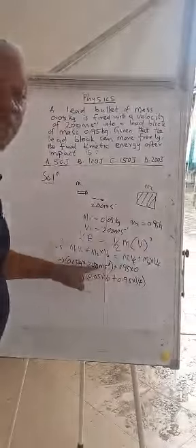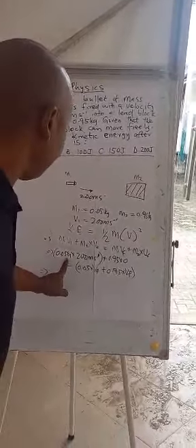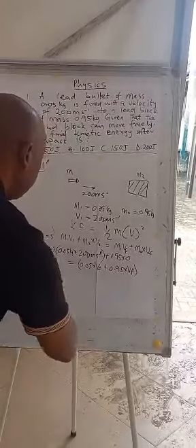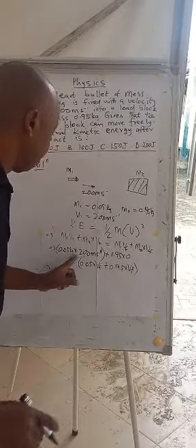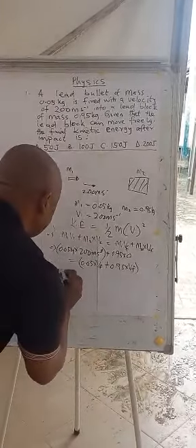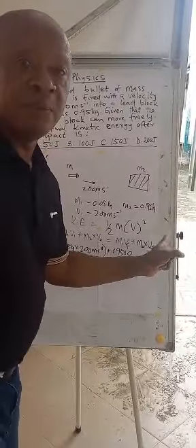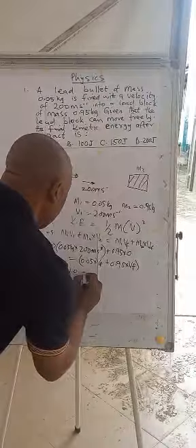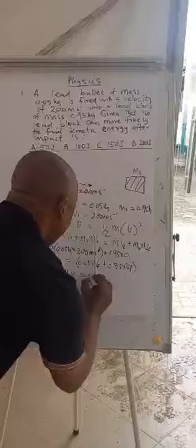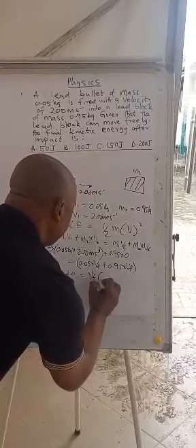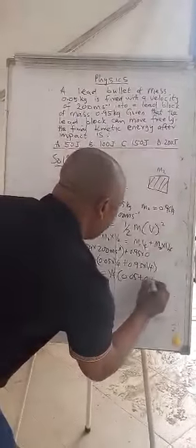So let's compute these. 0.05 times 200 is 10. Now 10 plus 0.95 times 0 is 0. Plus 0 is equal to, bringing Vf outside the bracket, Vf times the bracket 0.05 plus 0.95.